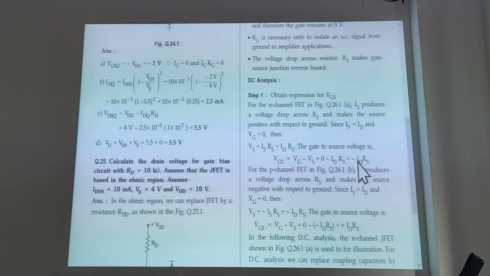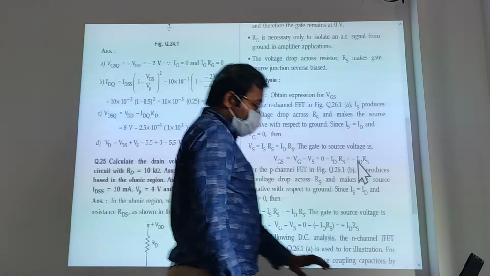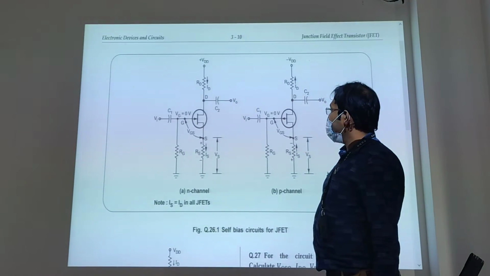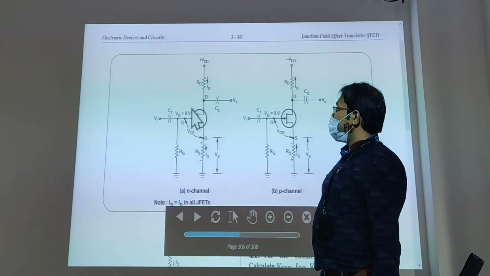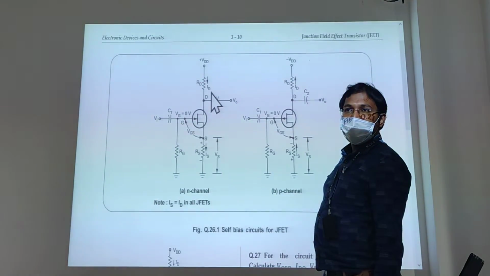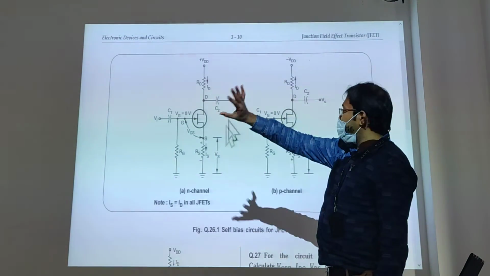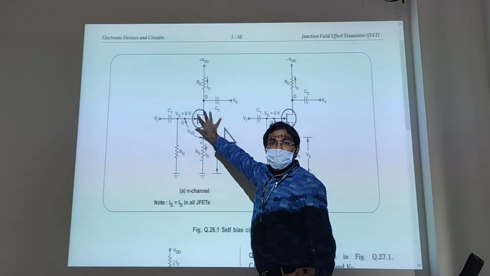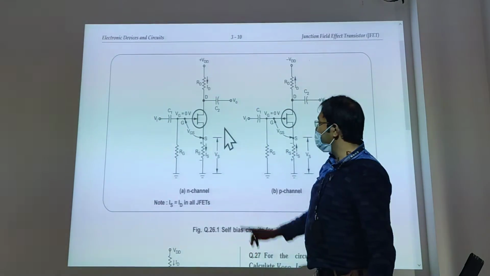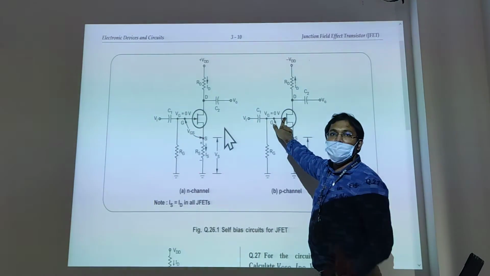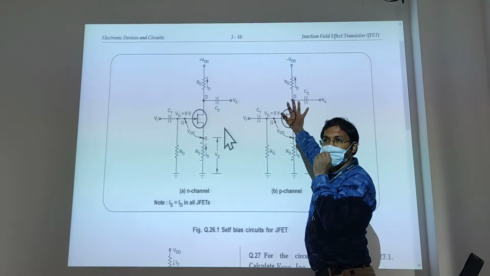Let us quickly compare the circuit for P channel. So far, as I told you, we are discussing N channel. What will be the circuit for P channel? First, the transistor is replaced by a P channel JFET. What is the symbol? For N channel, the arrow is inside; for P channel, the arrow is outside. That is the first change.